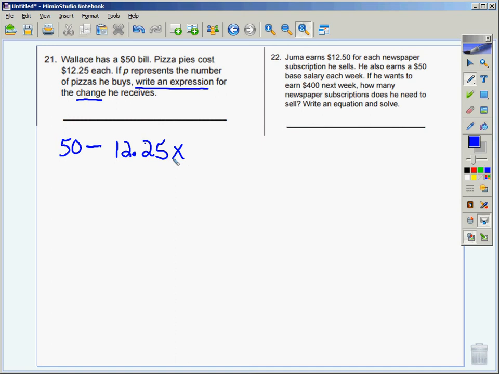Juma earns $12.50 for each newspaper. This is a commission. $50 base salary and wants to earn $400 total. There's my equation, which is part of what they asked me to do. Write an equation and solve it.